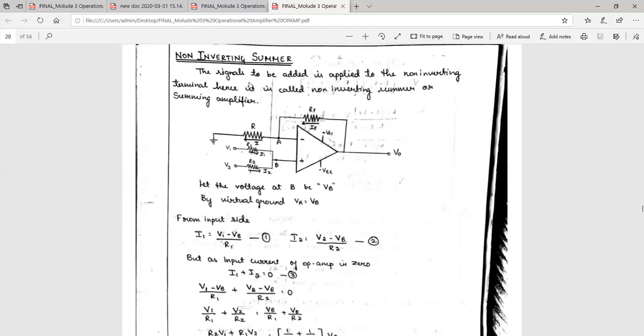So the signals to be added are applied to the non-inverting terminal. Hence, it is called the non-inverting summer or summing amplifier.